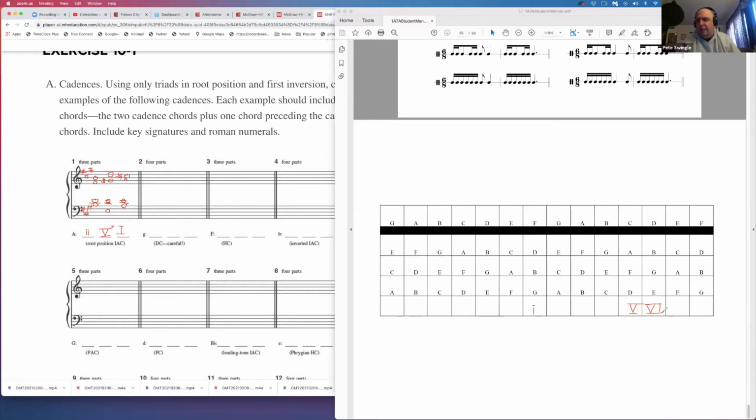The F has to be sharp because the fifth is a major. Yes, I agree.